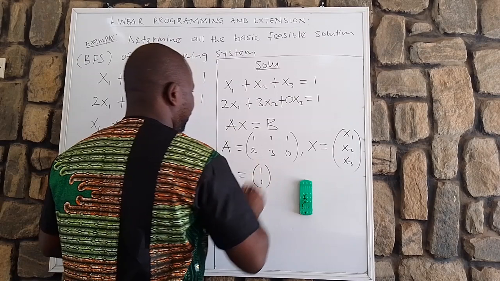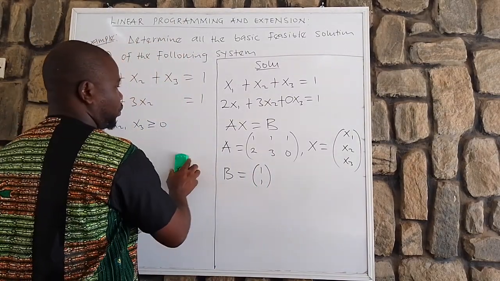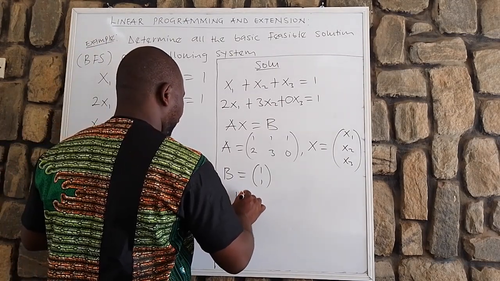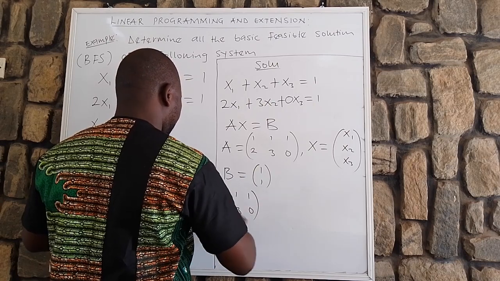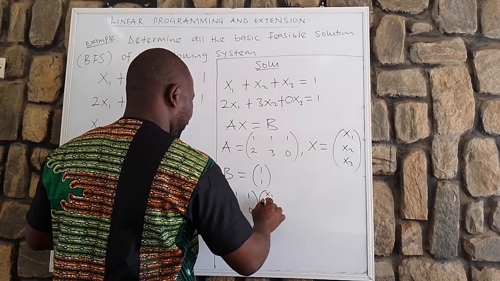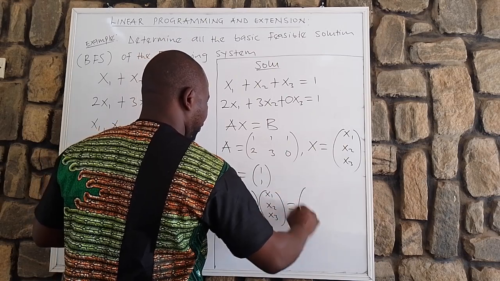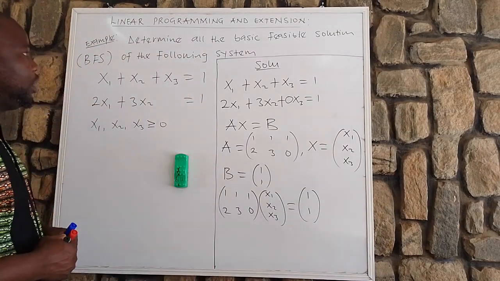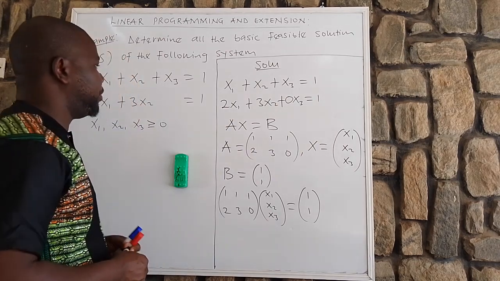So you discover that if you want to transform it this way, this is how it will be: the matrix 1, 1, 1, 2, 3, 0, times the column x1, x2, x3, equals the column 1, 1. Okay, so we are going to solve it together at this point.